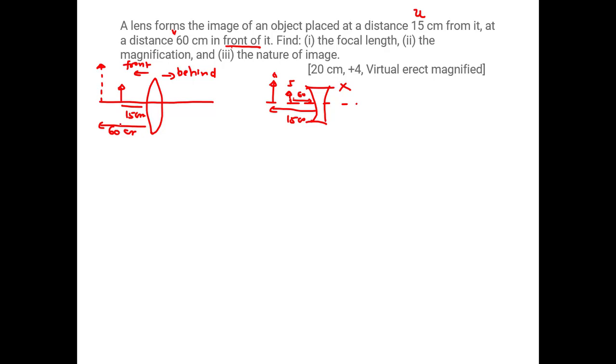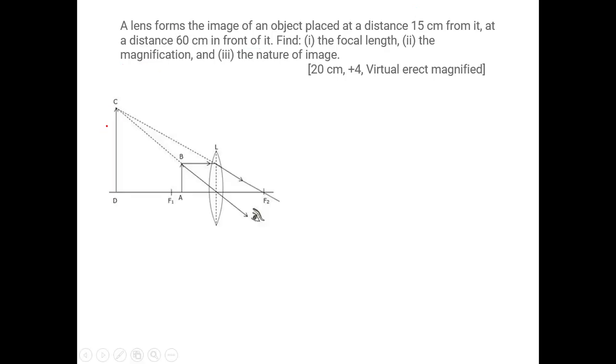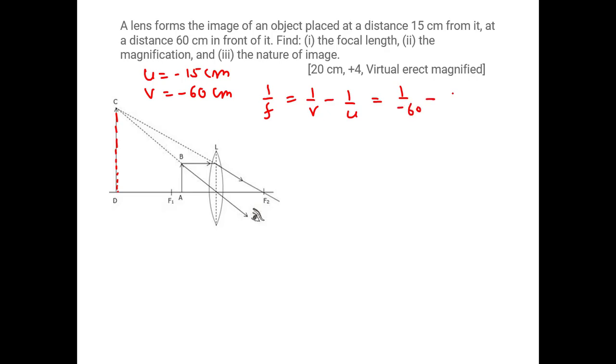So if you look at this particular case, then we have this diagram for our reference. This is the object, this is the image. Again, this should be shown as a dotted line. So u is given as minus 15 centimeter and v will also be minus 60 centimeter. We have to find the focal length. We know 1 upon f is equal to 1 upon minus 60 minus 1 upon minus 15.